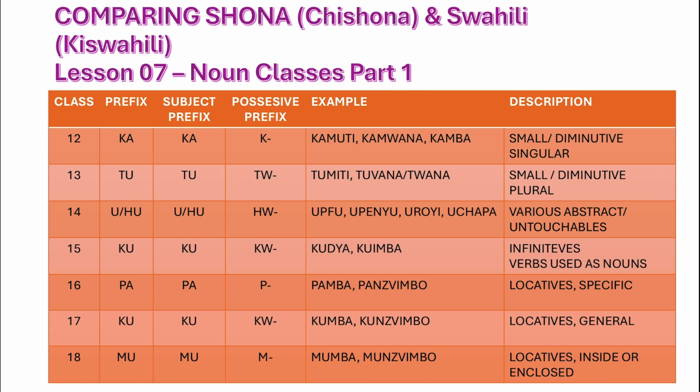Class 16, 17, and 18 are the locatives. Just like in Swahili, pa is a more specific location, ku is more or less a general location, and mu is like inside, enclosed, like inside a room, inside a town.